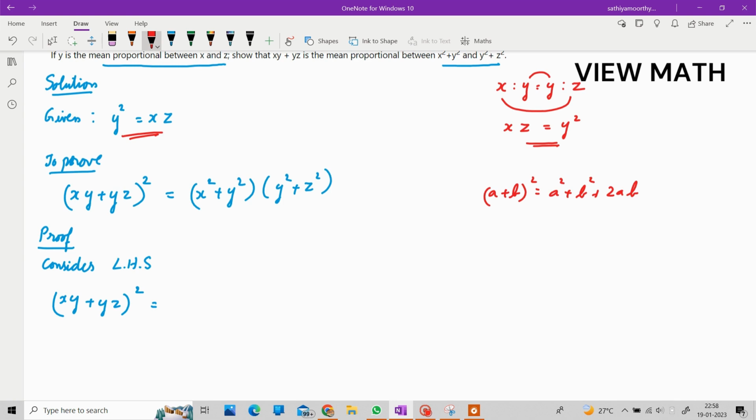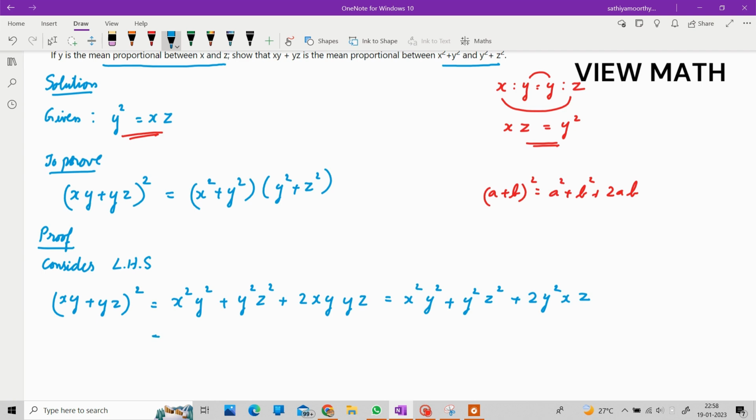So I'll be getting x square y square plus y square z square plus 2xy yz. So this I can write as x square y square plus y square z square plus 2y square xz.